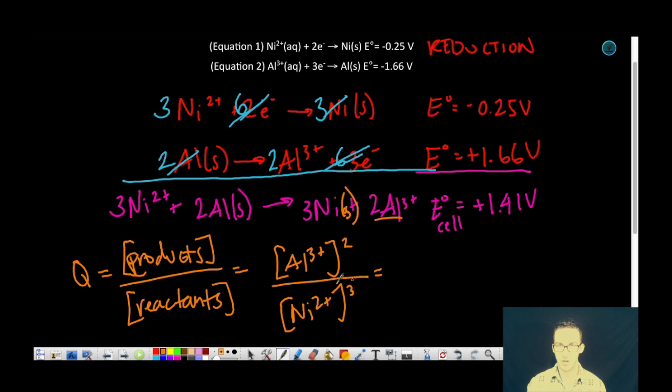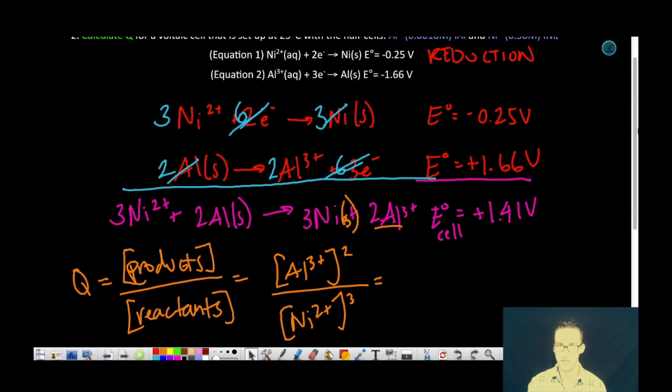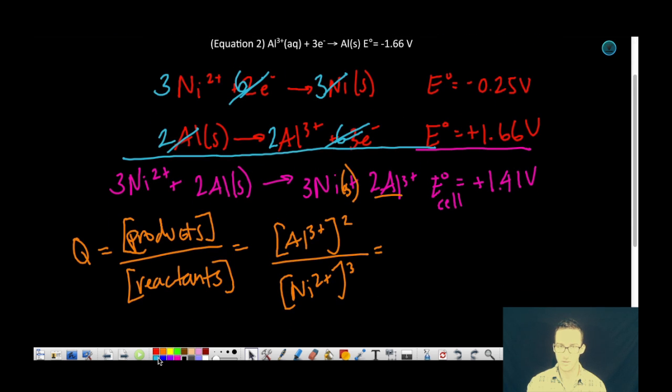And then we just need to plug in the values that were provided to us in the initial problem for those initial concentrations. So the aluminum ion concentration is 0.0010 molar, so we've got 0.0010 squared. Again, that comes from the coefficient in the balanced chemical equation.